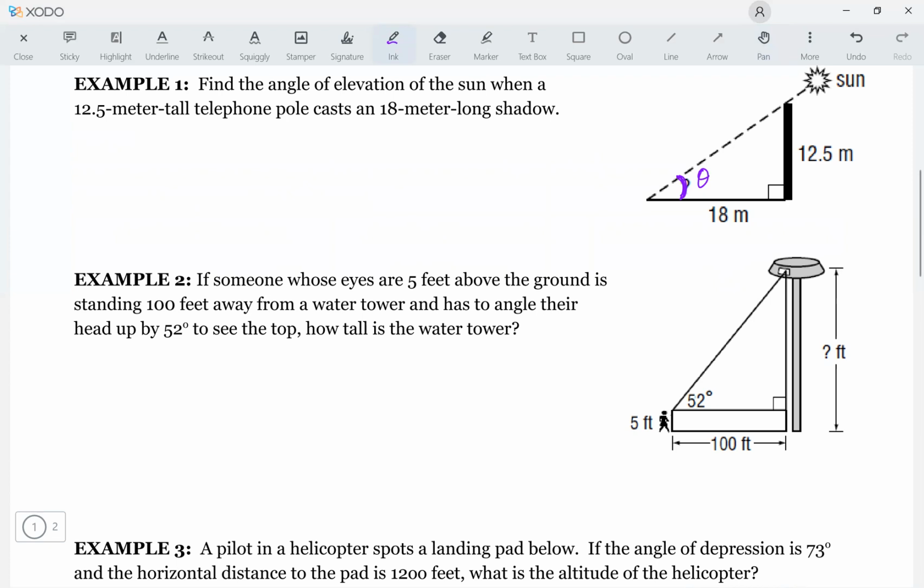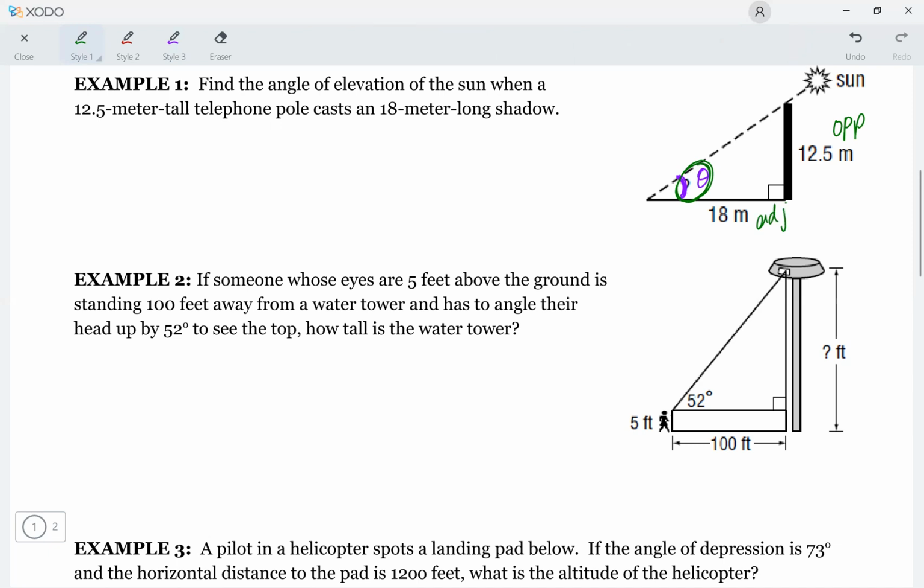I don't know what that measurement is, but this now looks like one of those problems where we were solving for our angles last class, and we just need to set up our ratios. Compared to our angle of elevation, 12.5 is our opposite side, and 18 meters is our adjacent side. So opposite and adjacent, which ratio am I looking for?